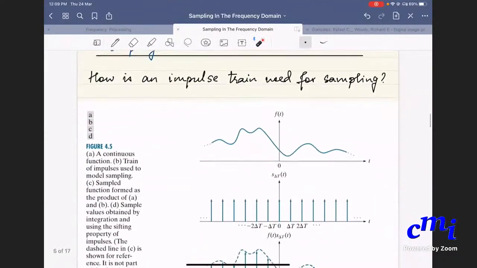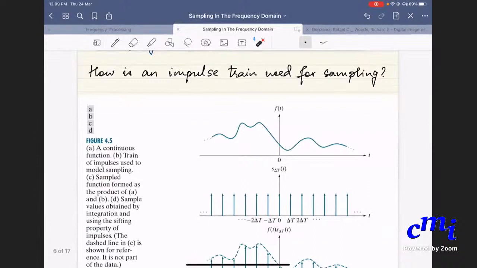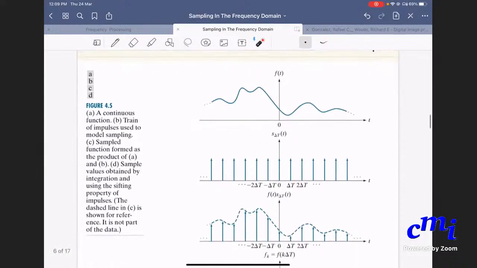So how is this impulse train used for sampling? Suppose you have some continuous function f of t, some continuous signal. You take your impulse train and simply multiply it with the function. It's pointwise multiplication. So what is this pointwise multiplication going to give you?